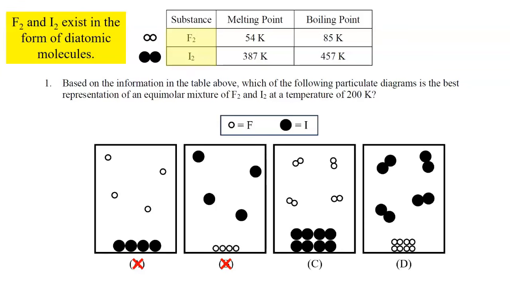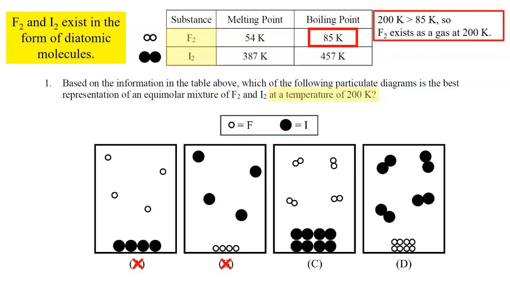Let's take a closer look at the melting point and the boiling point of each substance and compare those numbers with a temperature of 200 kelvins. Now, at a temperature of 200 kelvins, which is greater than the boiling point of fluorine, that would mean that at 200 kelvins, fluorine, F2, would exist in the form of a gas.